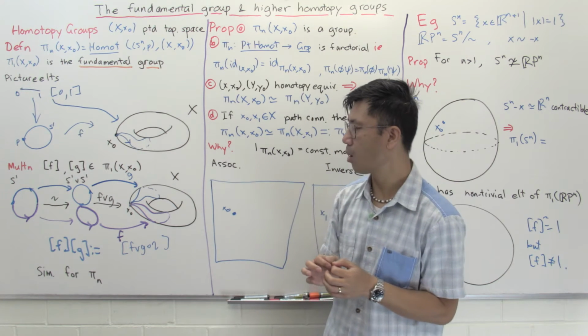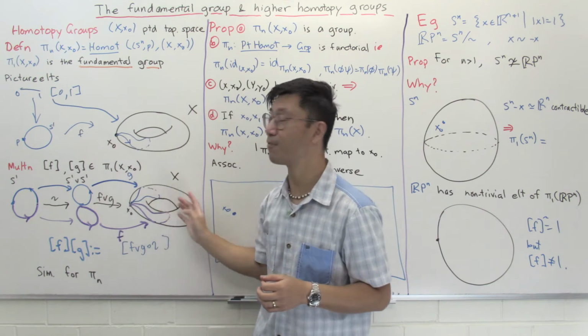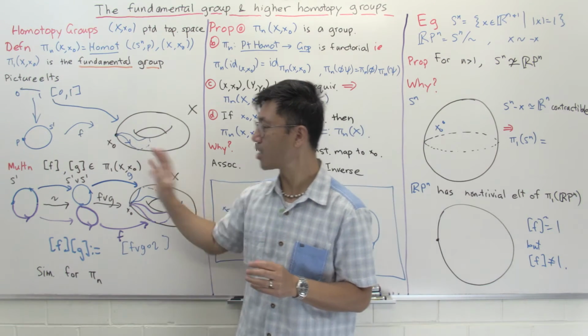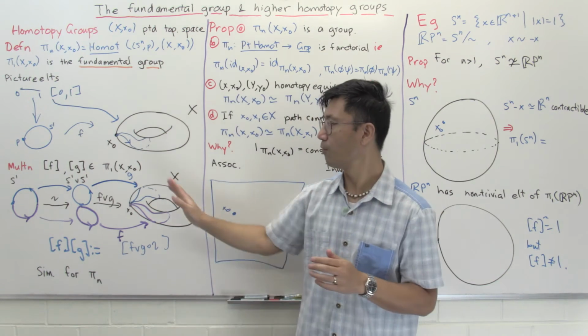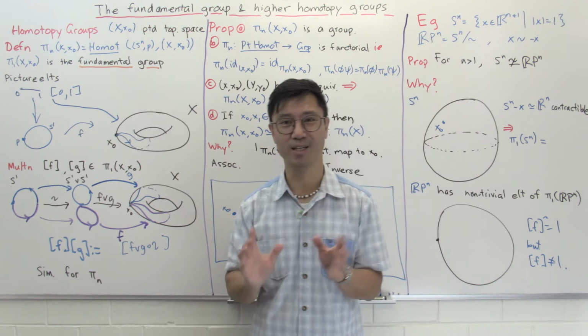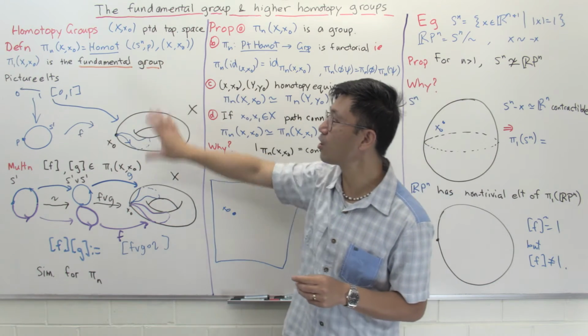So you get the wedge of those two spheres, and then you can apply the same definition to get a multiplication in that case. That multiplication is rather interesting for higher n because it's actually commutative, but that's a story I don't want to get into at the moment. So that's the basic definition of what we have here.